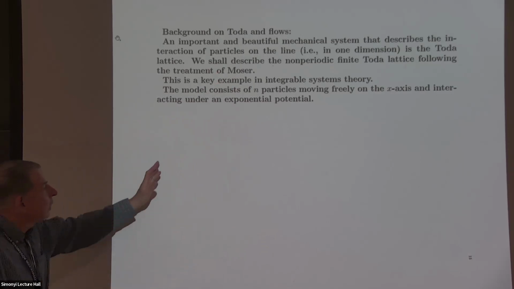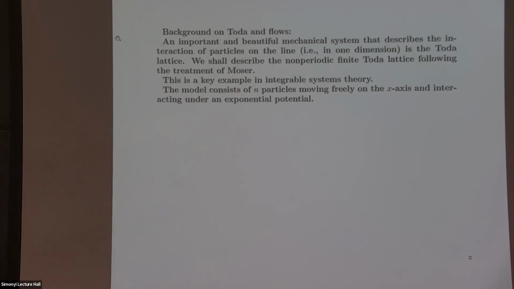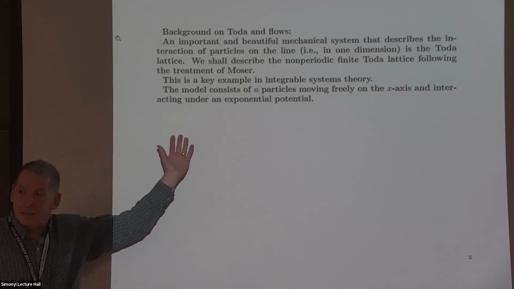It's also related to the famous work of Fermi, Pasta, and Ulam during the 1940s, when they were looking at equipartition of energy for interacting particle systems back in Los Alamos. They noticed that if you took certain systems, equipartition of energy didn't happen. The energy stayed localized, and that was because the system was solvable. They used systems that were close to the Toda lattice, but not quite. But this system encapsulates that kind of integrability.